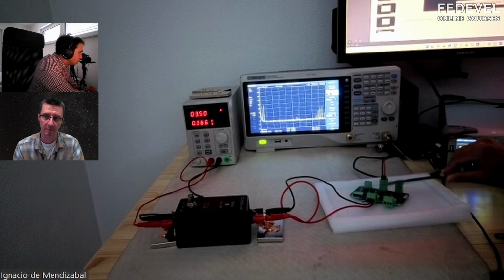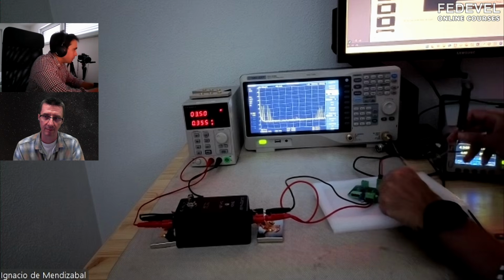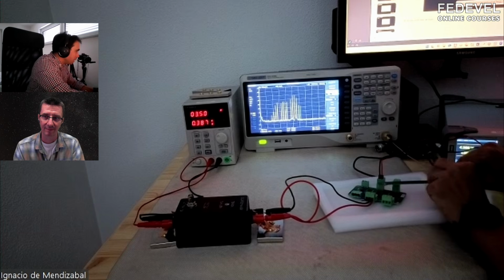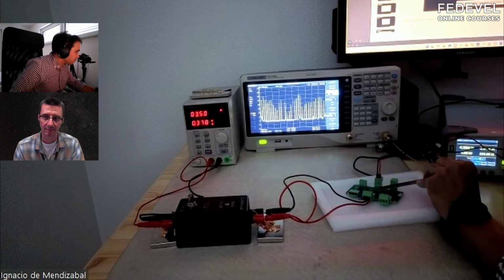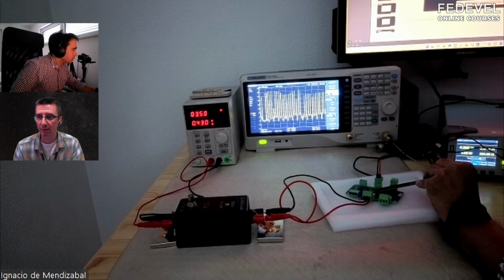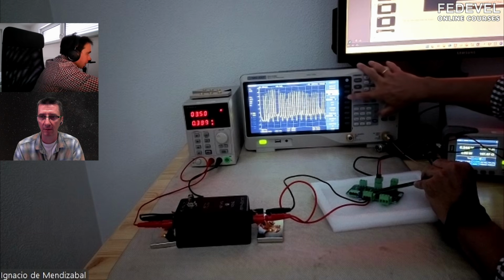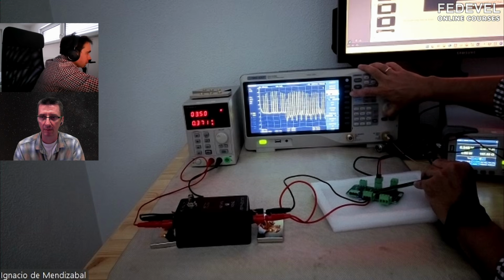So let's see. Okay, already I get close and I am measuring quite a bit of things. Maybe you need to go back to the same scale as we had before. Yes, same scale, preamp off, and this was 30 dB if I'm not wrong.